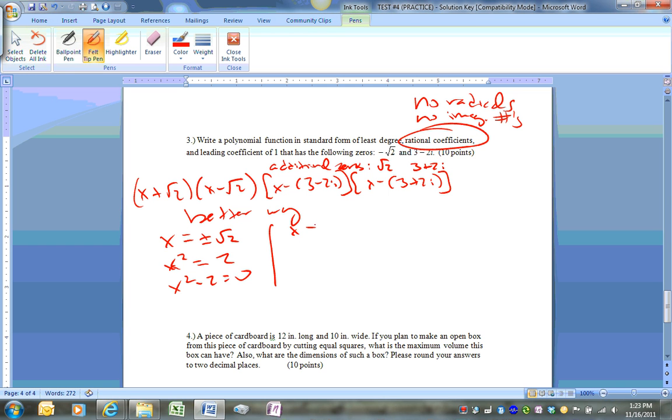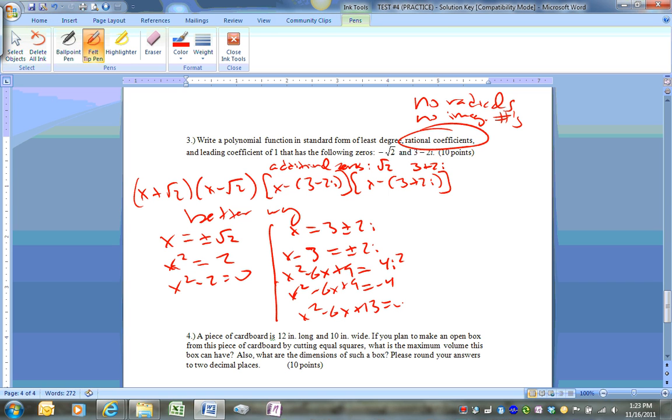Also, x equals 3 plus or minus 2i, subtract the 3, then square both sides, you end up getting 4i squared, which I know is negative 4. So x squared minus 6x plus 13 equals 0.